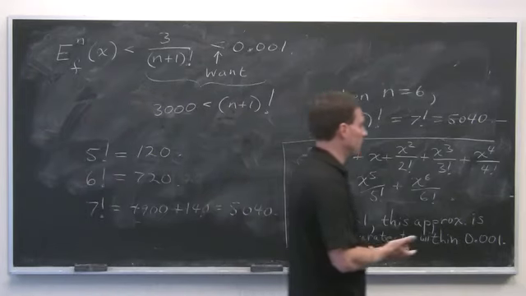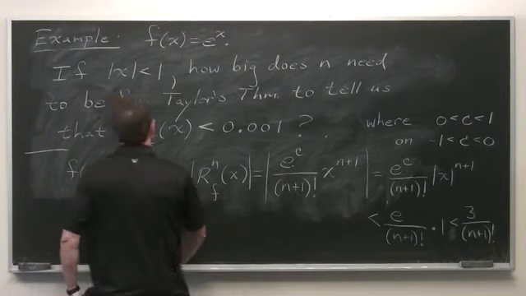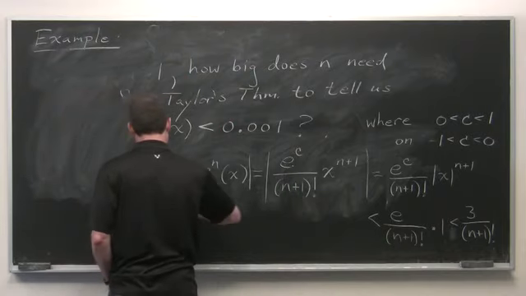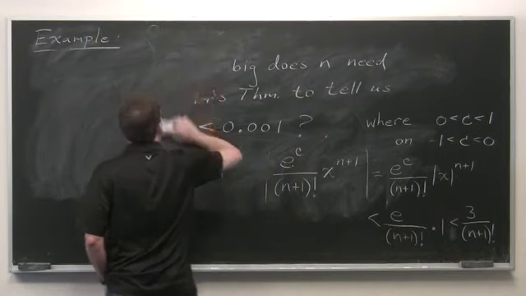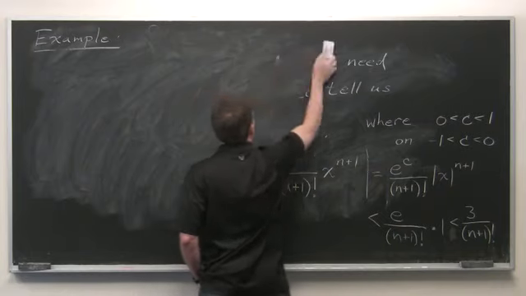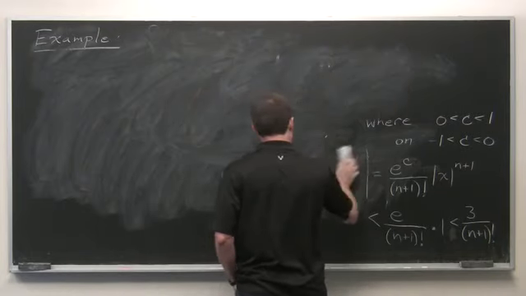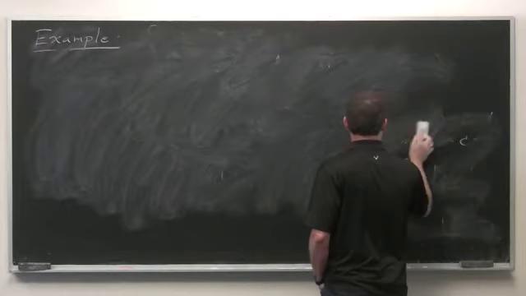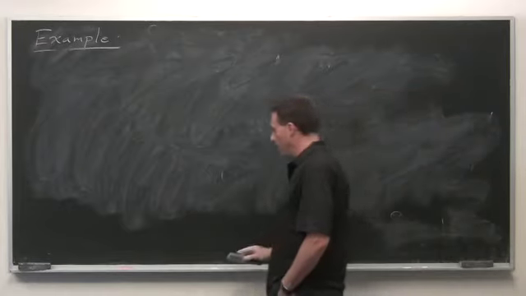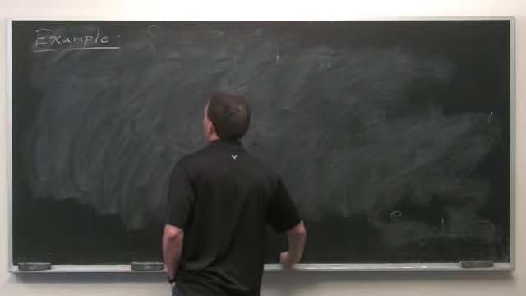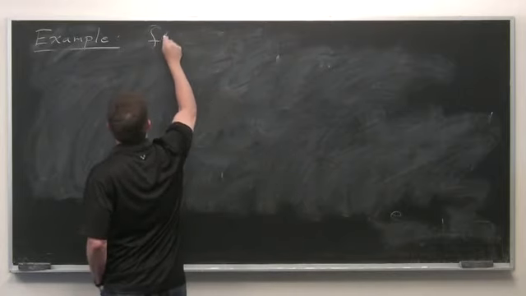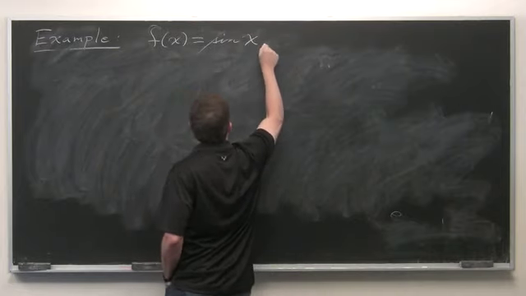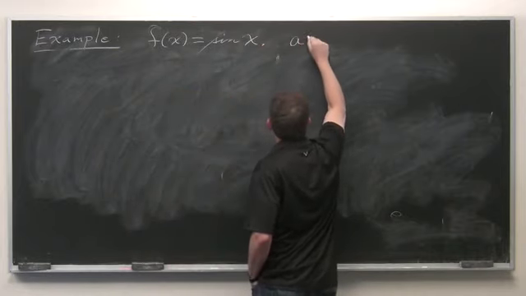So let's do another example. I want to look at another example that we looked at in the last section, but we didn't look at the error. Now, I want to take f of x is sine of x, and a is pi over 2.